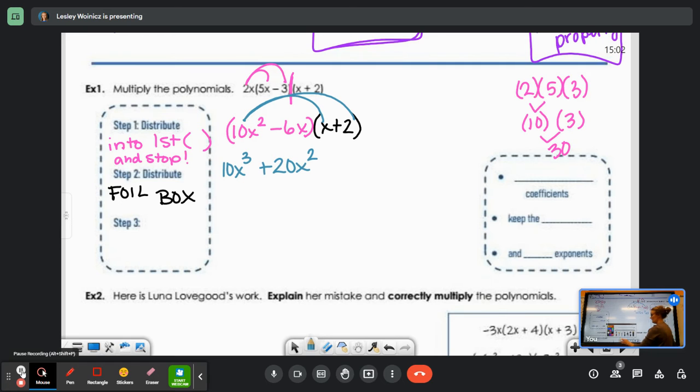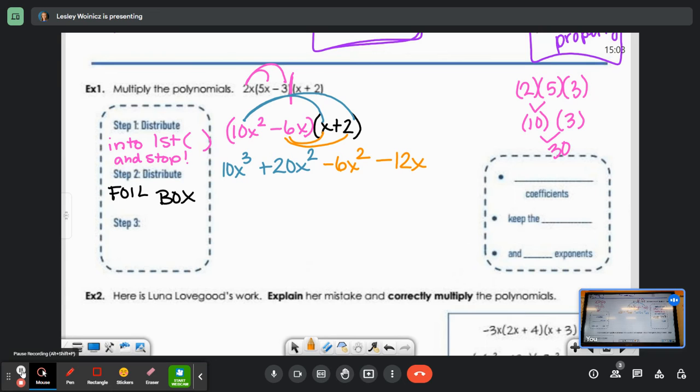Now I go to my inside terms. Negative 6x times x gives us negative 6x squared. Negative 6x times 2 gives us negative 12x.